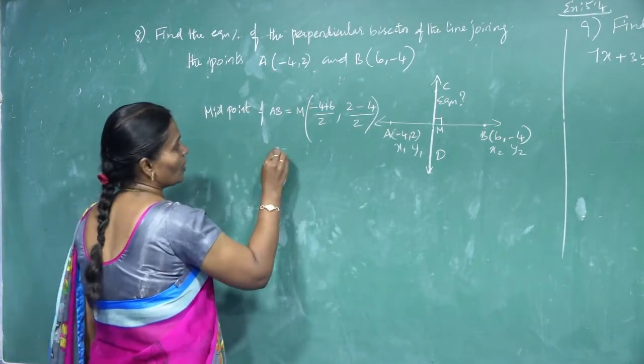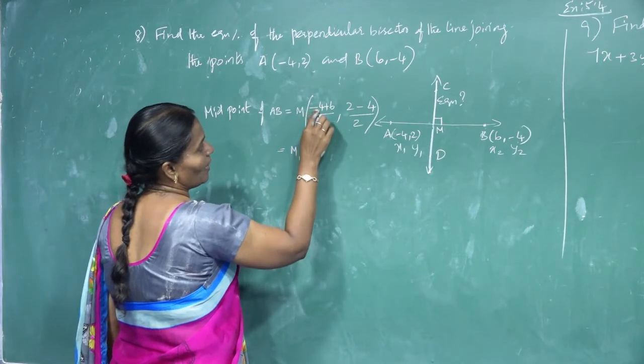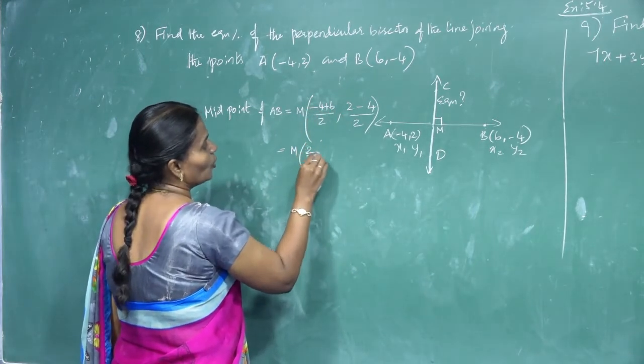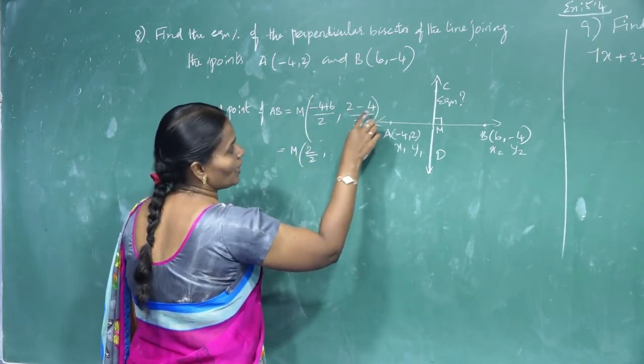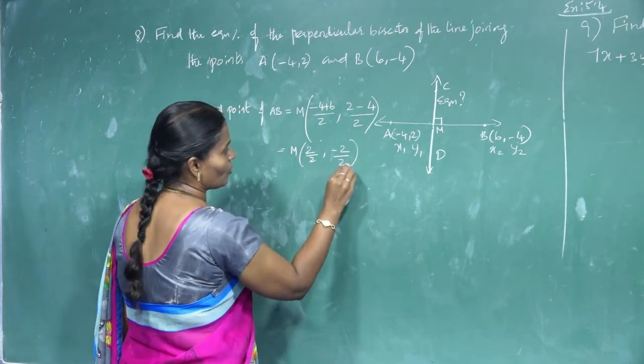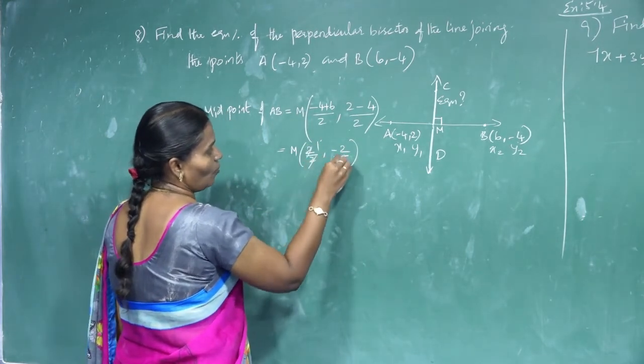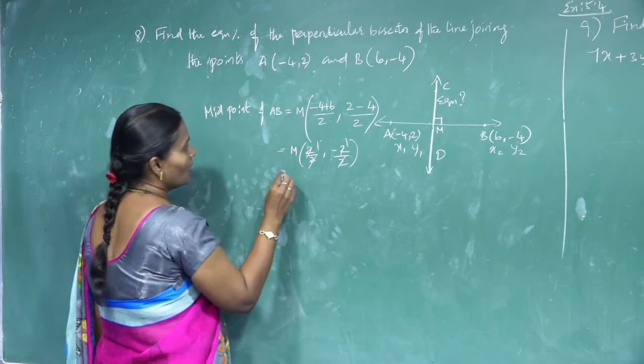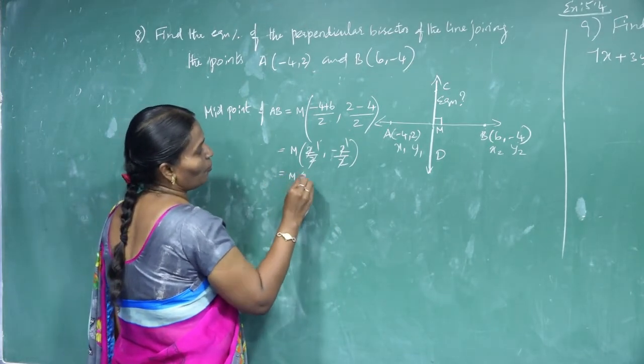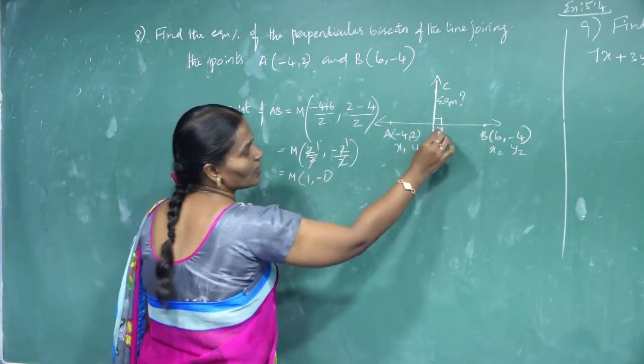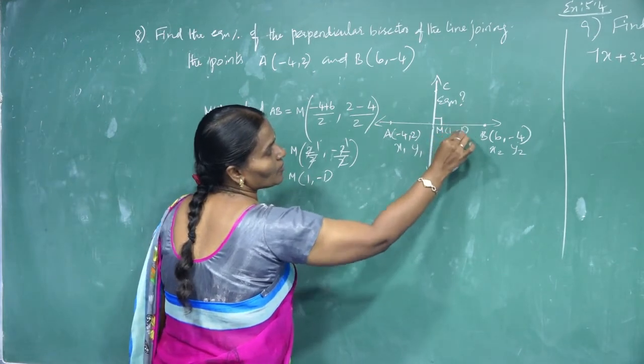M of, here minus 4 plus 6 is 2, 2 by 2. Here 2 minus 4 is minus 2, by 2. Cancel with the 2, here 1, here minus 1. So the midpoint M is (1, -1).